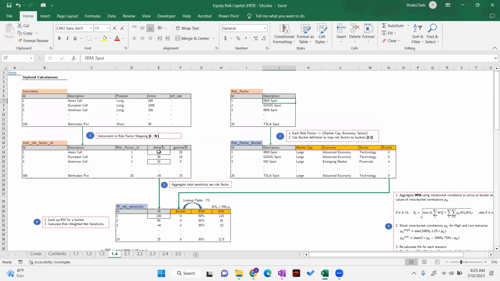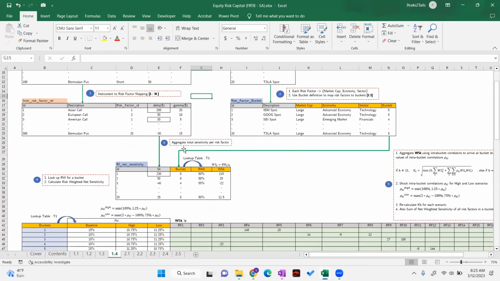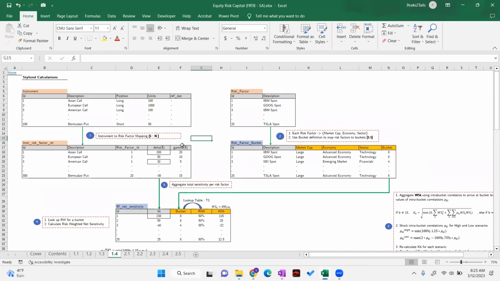Okay, question. How did I calculate this? This is dummy data. Don't worry about it. I'm just showing you the structure. I didn't calculate anything. This is what you will have. I have highlighted 230 here because these are two different instruments but mapped to the same risk factor. So you might be thinking that the next step would be to add these two sensitivities.